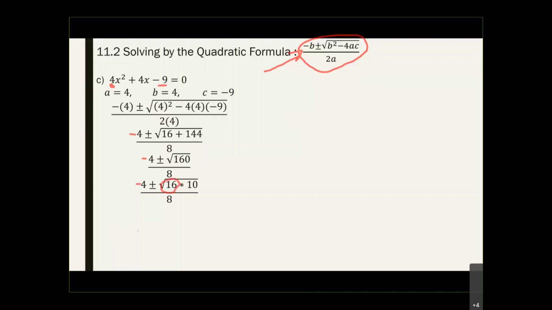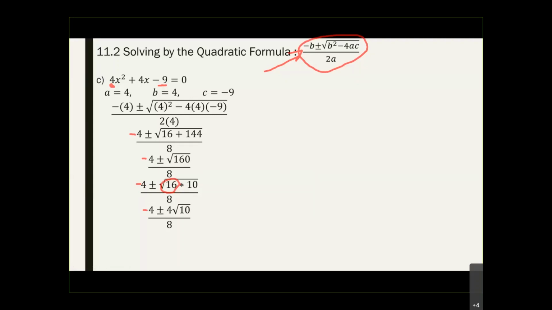So what can come out? I can take out a 4, and my lonely 10 stays on the inside. This is what I have here: -4 plus or minus 4 square root of 10, all over 8.